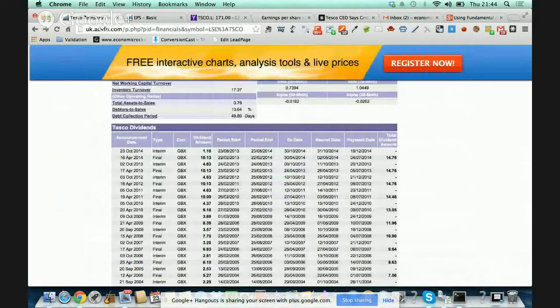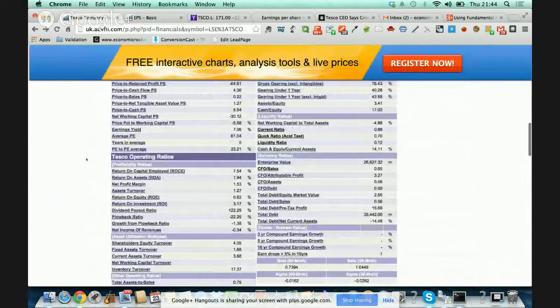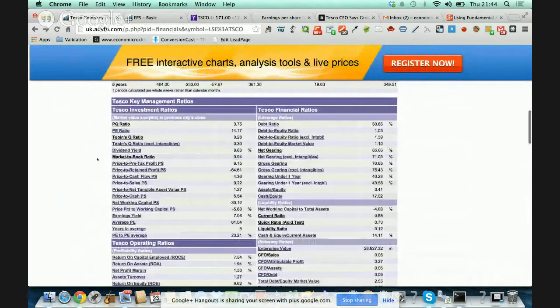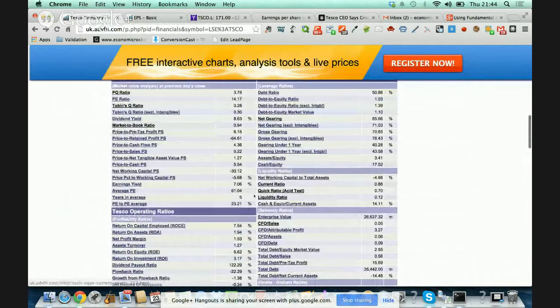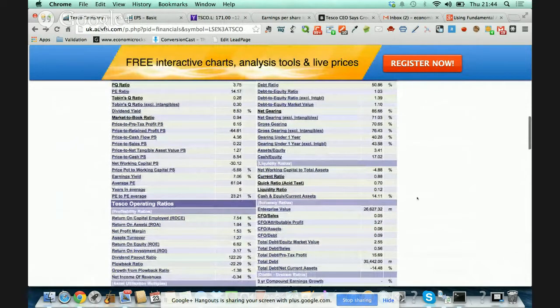So I just want to see if there's any more that might be of interest. And I might jump over to another stock to see what they actually give us. Some of these you might be familiar with yourselves if you were dealing with financial accounting or financial ratios prior to this sitting: liquidity ratios and current ratios. And again, they're not healthy at all.